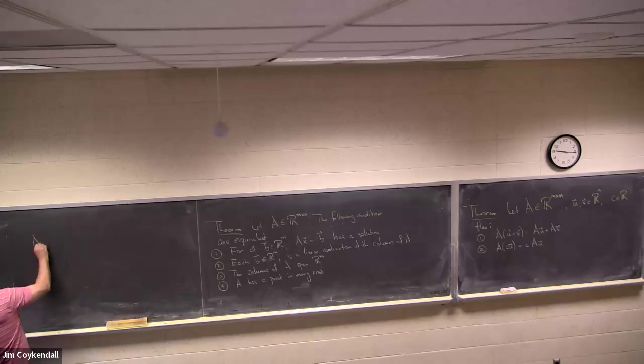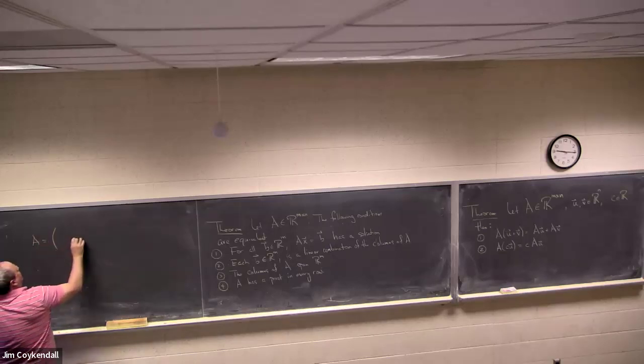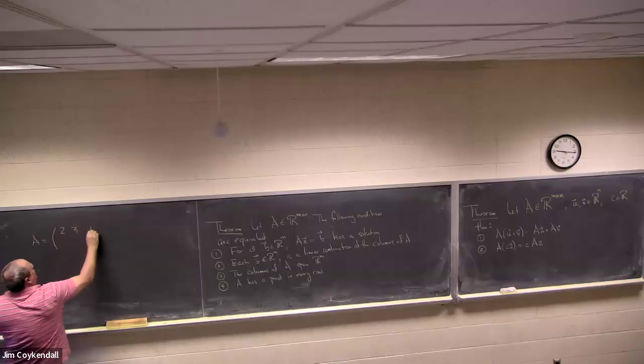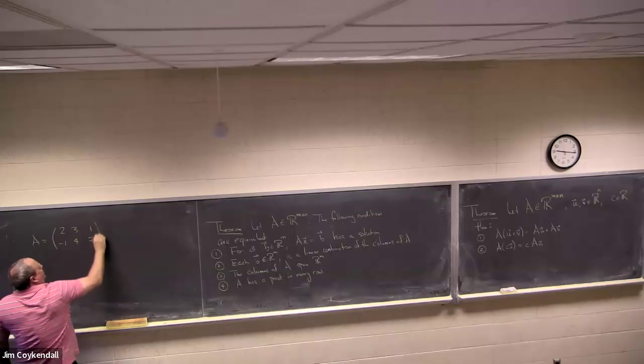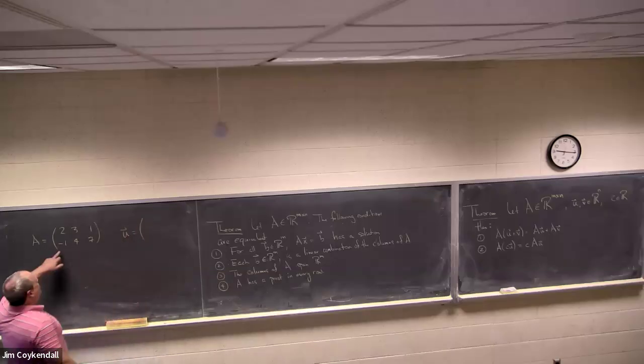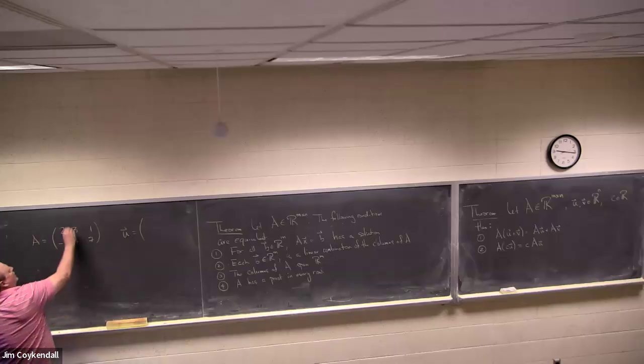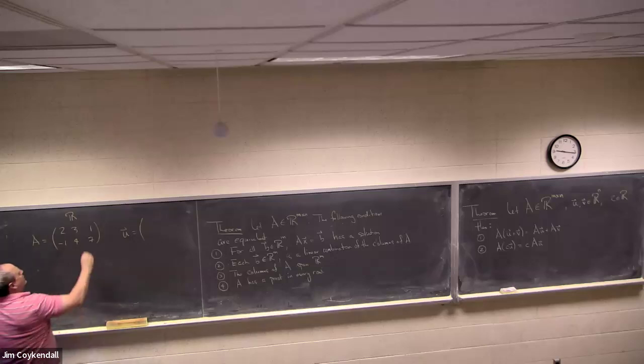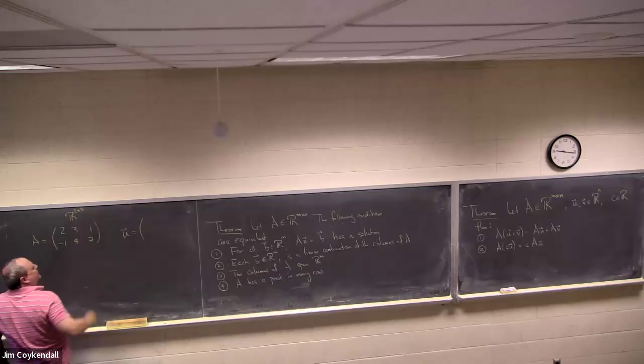If I have A is, what's this matrix? What size is it? It's, this is in R, what by what? Agree, 2 rows, 3 columns.